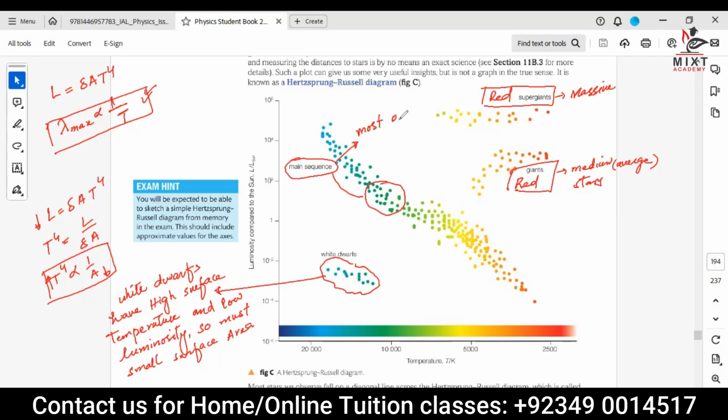Most stars are found on the main sequence. Okay. So the main sequence means that is where most of the stars are.